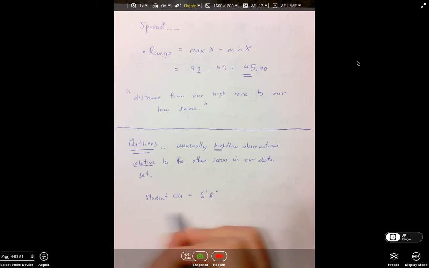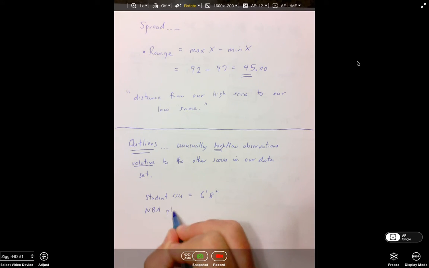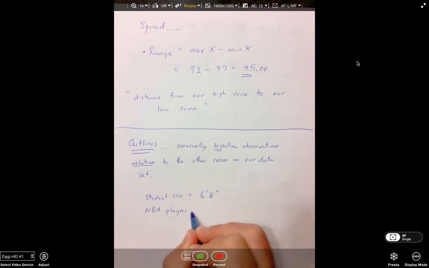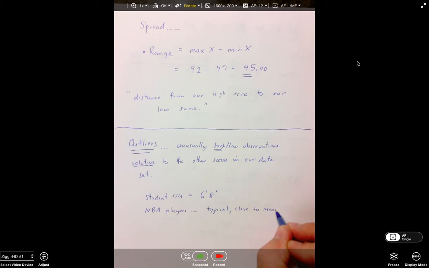However, if we were examining this height for NBA basketball players, this would be very typical, and in fact, it'd be very close to the mean. So we wouldn't expect 6'8" to be an unusually high or low observation in NBA basketball players.